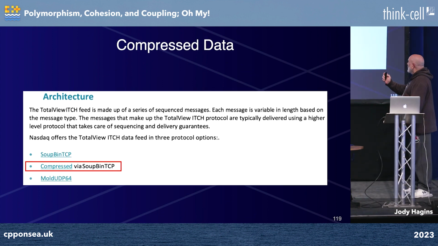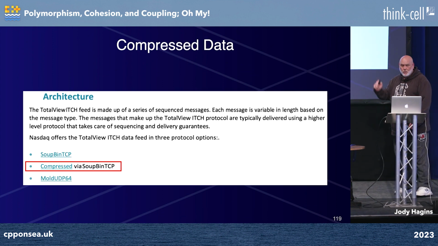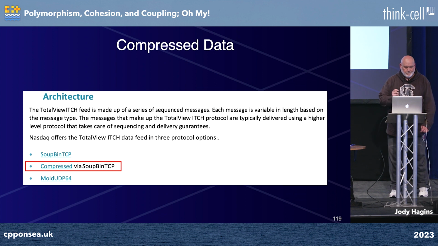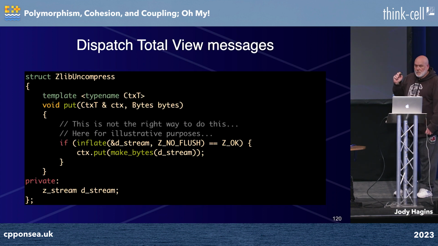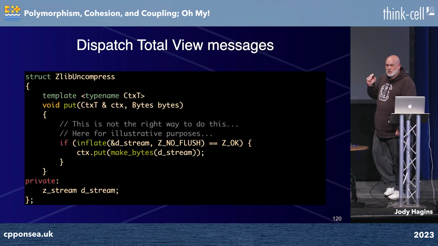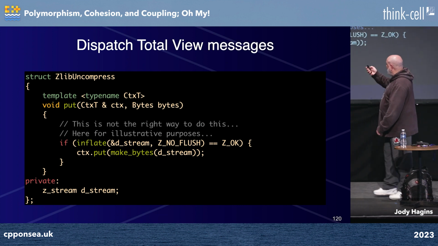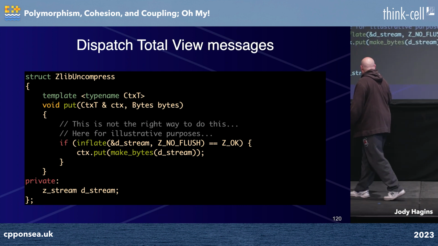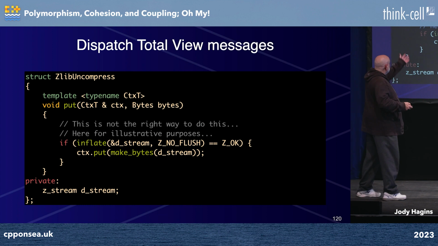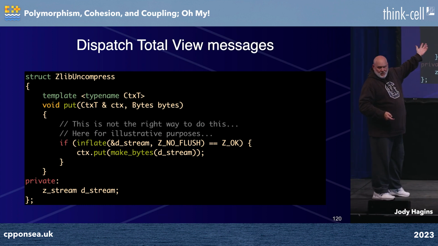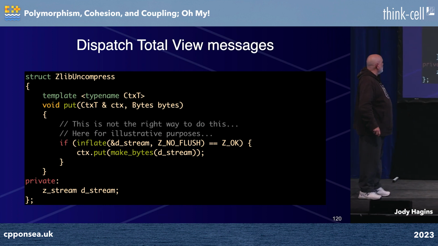So we look at the next thing, and we've got this compressed soup TCP. What about supporting that compressed version? Well, we can write a short module, call it zlib uncompress. It just takes some bytes. If you give this thing some bytes, it's just going to take them.